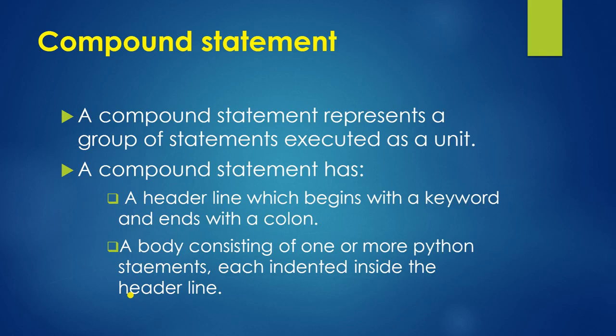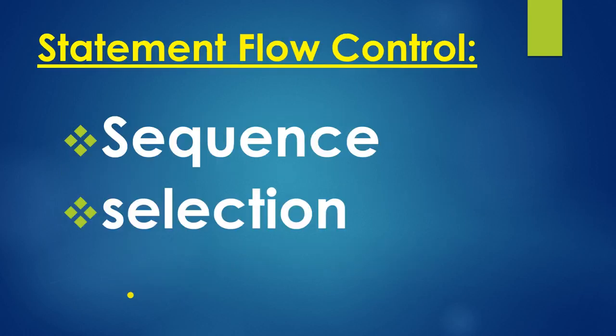All statements in the body are at the same level of indentation. Clear? So the compound statement in Python has a header ending with a colon and a body containing a sequence of statements at the same level of indentation.